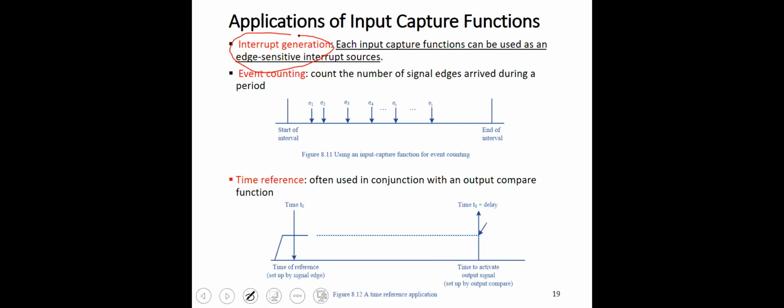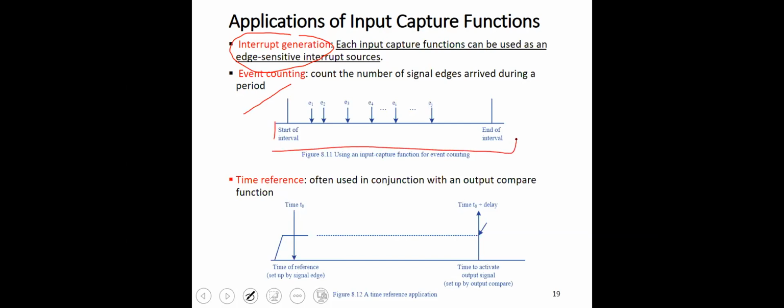What if we want to monitor more than one event to interrupt the microcontroller regardless of the time? We can use these channels as an input to interrupt the microcontroller when there is a falling edge, a rising edge, or both, regardless of their time. And there are many applications, for example, event counting during some period of time.